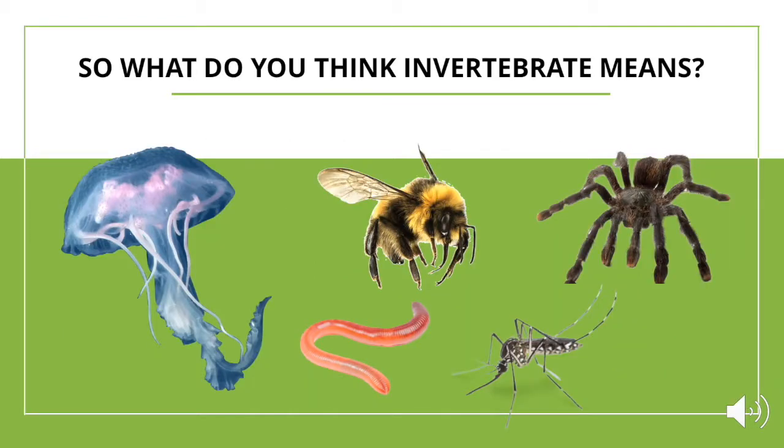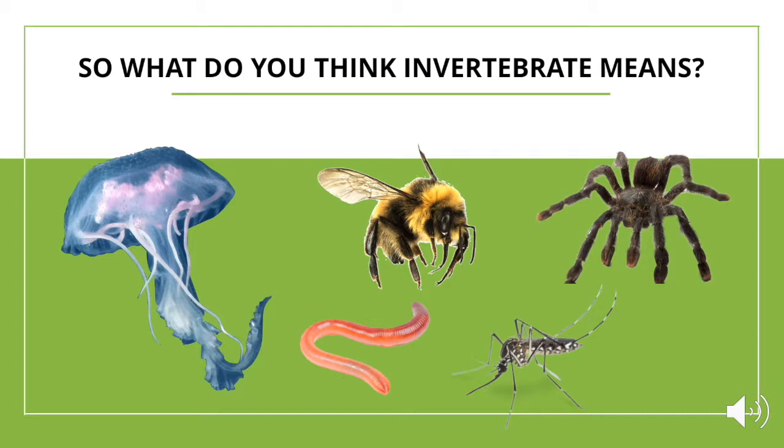So what do you think it means to be an invertebrate animal? If vertebrates are animals with a backbone, then what do you think invertebrate means? Or what kind of animal is an invertebrate animal? I'm going to give you a hint. If you add in or im in front of almost any word, it changes its meaning to the opposite. So let's take the word impossible, right?